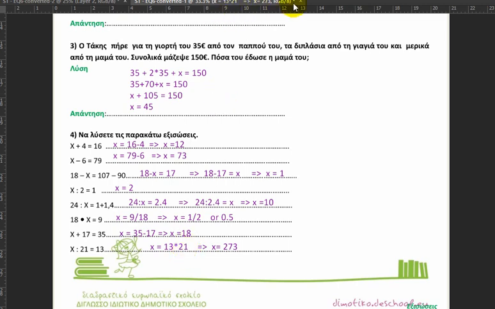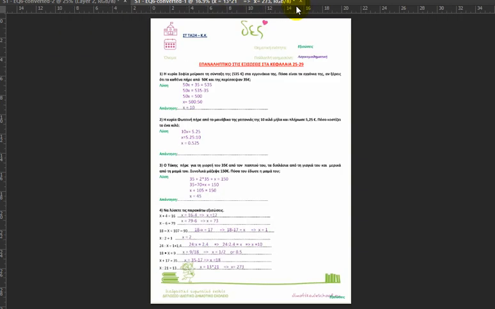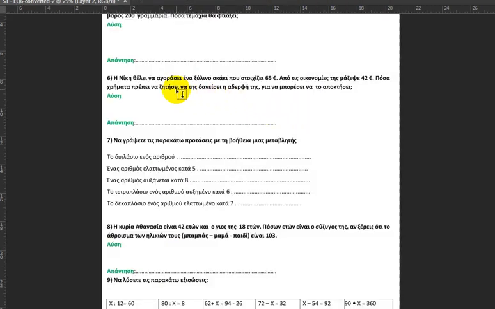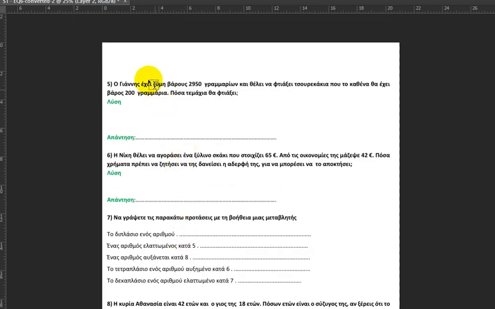So that's side 1 of the last worksheet. Let's move on to the last page of the last worksheet. John has 2,950 grams of dough.